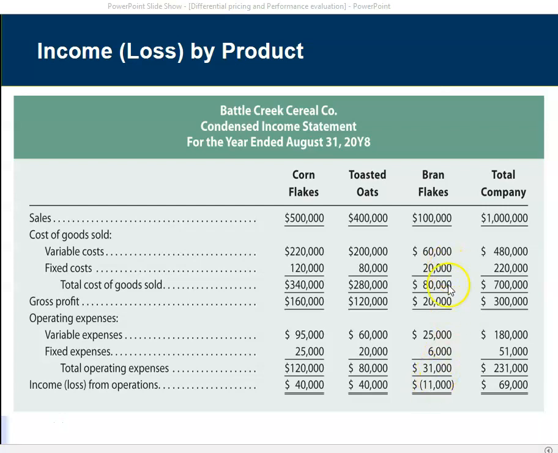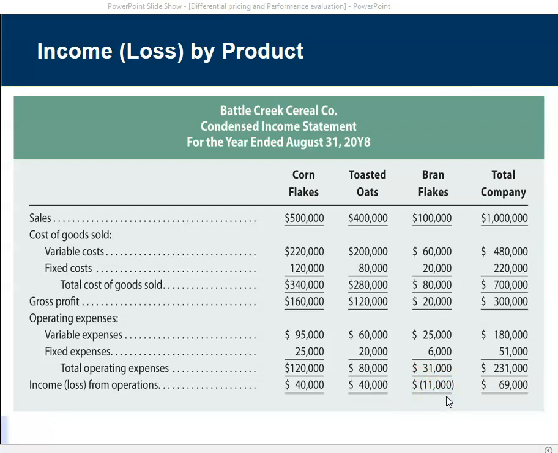And because 26 is higher than 11, what that means is that absent the fixed cost, the bran flakes are contributing to company profits. Now, if this loss was some number over 26,000, then we have a decision to make.